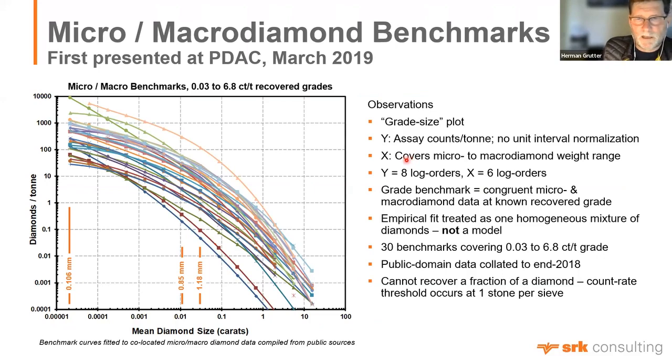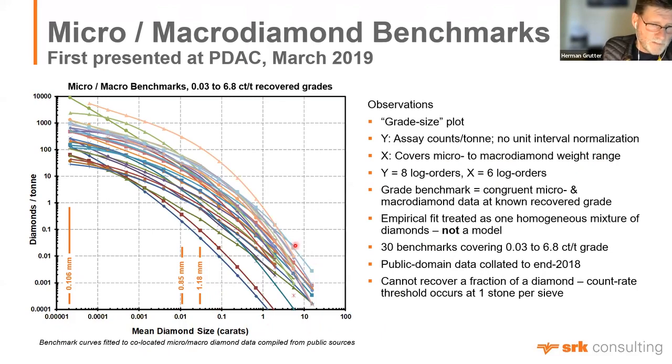The x-axis covers the range from micro to macro diamond weights. So microdiamonds are down here, up to about 2 millimeters, something like that. The macrodiamond weight range goes through the 1 carat class. And you'll notice I stop all my curves at 10.8. I never put them any further because the data simply doesn't support it.